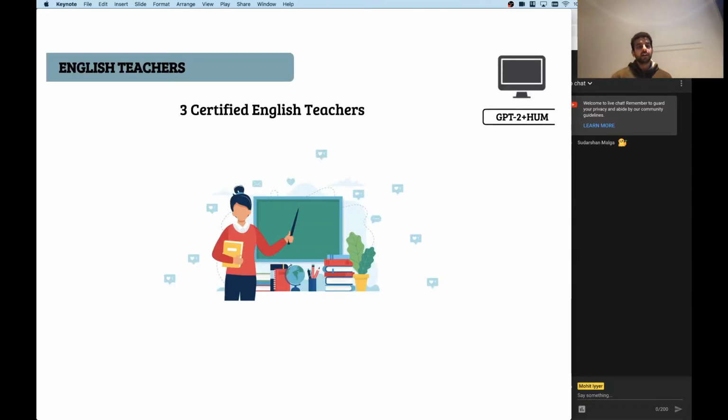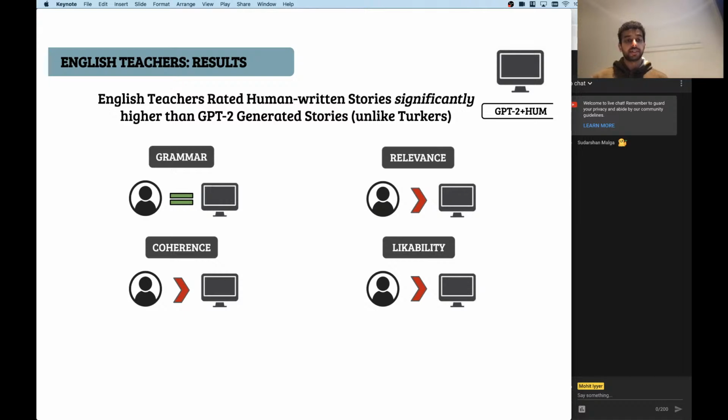So we wanted to see if human evaluation could be done better in these cases if you hired actual expert raters. So we went out and got 3 English teachers and had them rate the same set of stories. And we found that they were easily able to tell that the human-written stories were superior to the machine-generated stories.